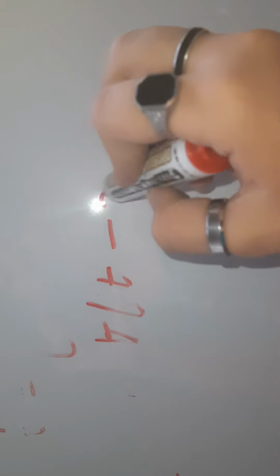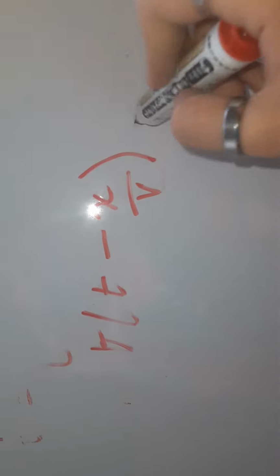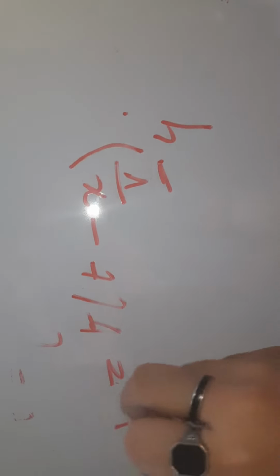G of x when t equals 5. So we had f of t minus x by v, right? We got velocity 4, and this will become 0.